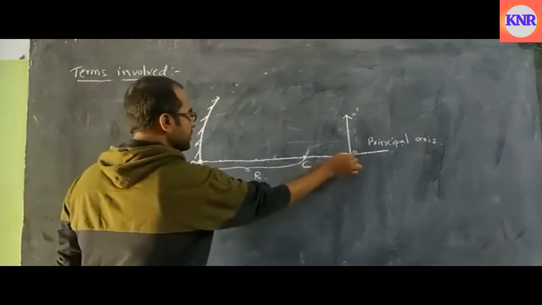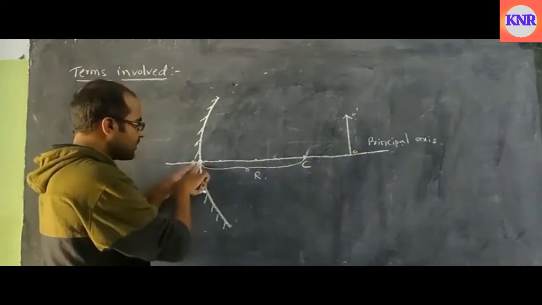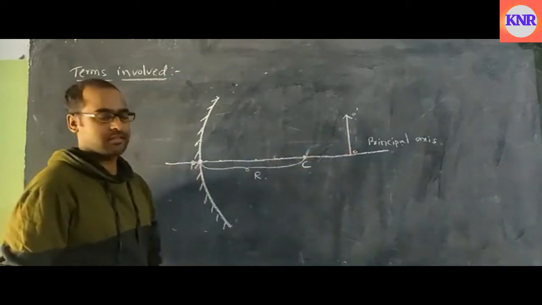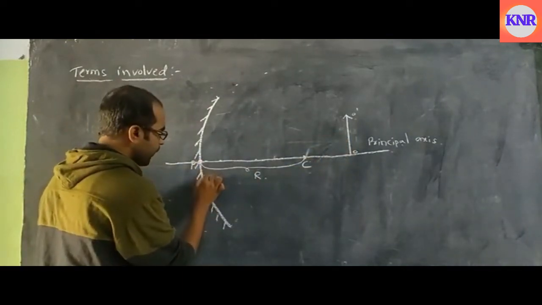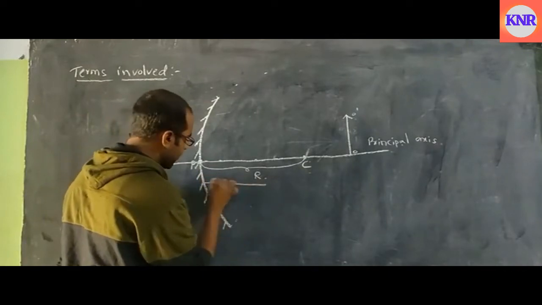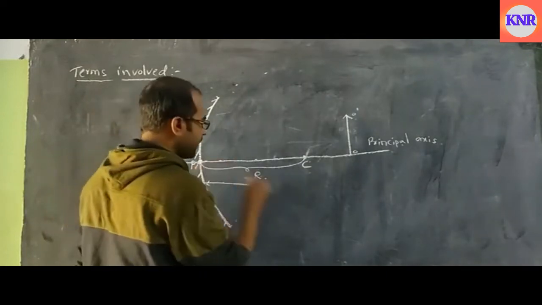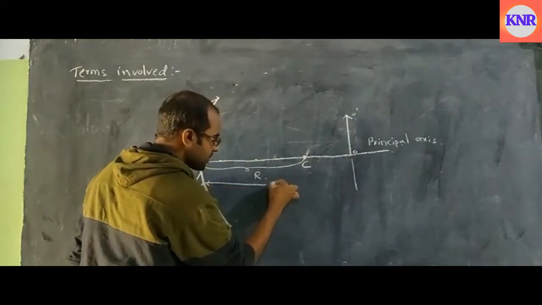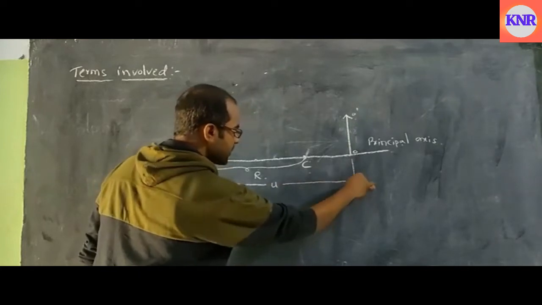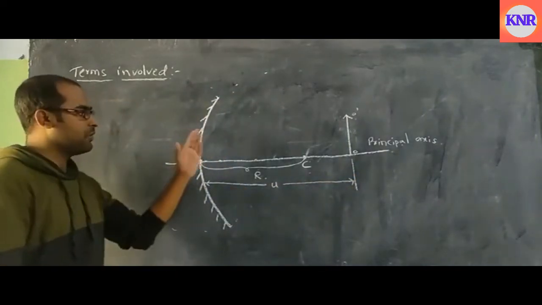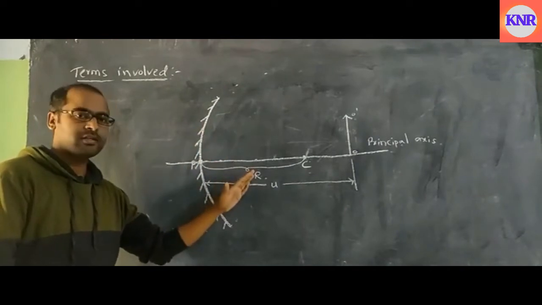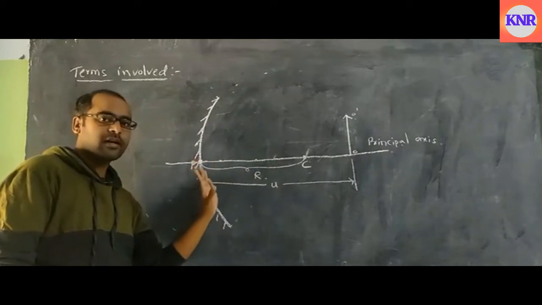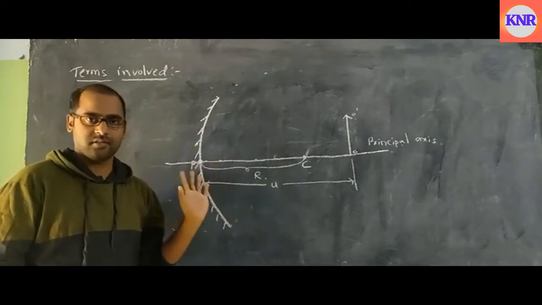The distance between the pole of the mirror and the object is called the object distance, represented by u. If it forms an image, there will be an image distance. The distance between the mirror and the image is called the image distance.